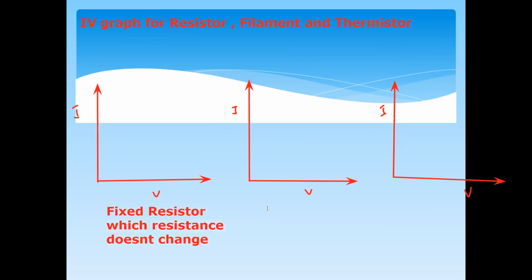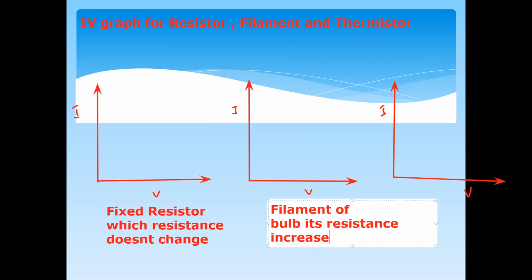Then we have a filament of a bulb. Its resistance increases with temperature. As we use it, the component becomes hot and its resistance increases with temperature.